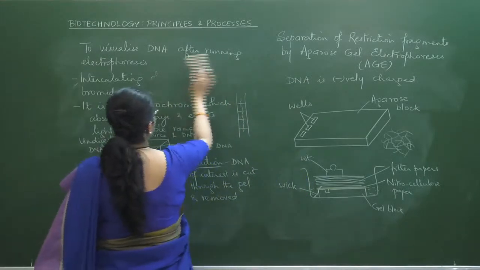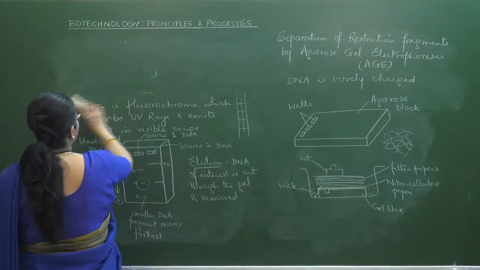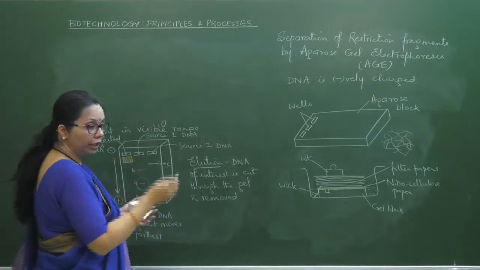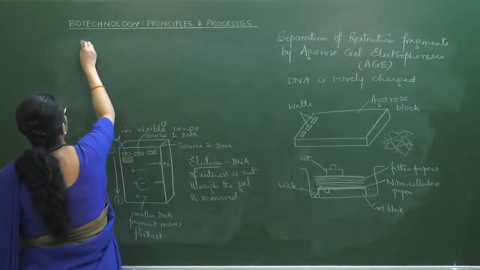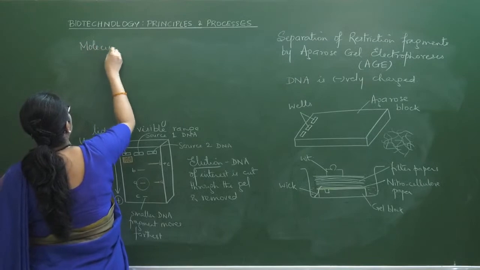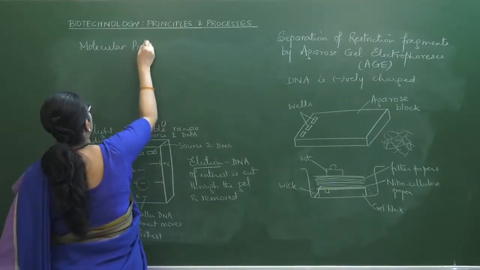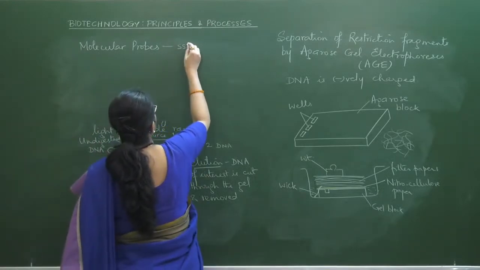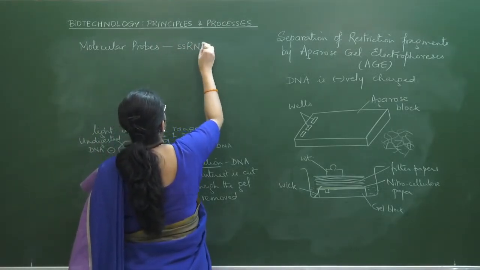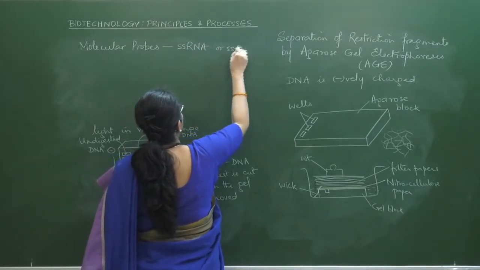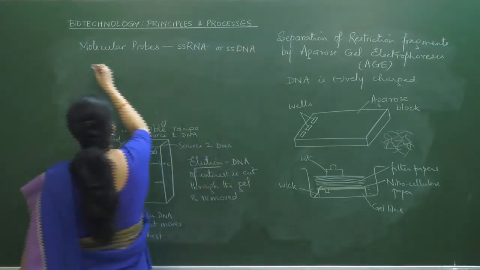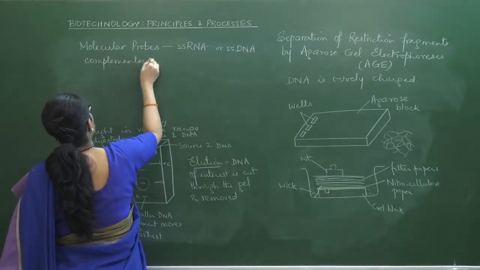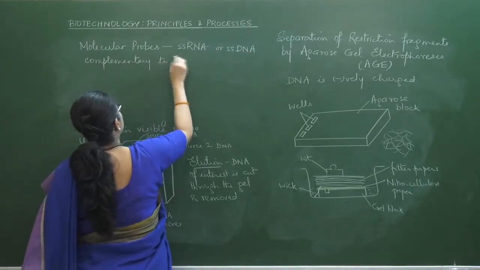So for probes, actually I wanted to take up anyways, because molecular probes have been an important question, and it has been repeatedly there in our exams. Okay, so molecular probes, what are these? Molecular probes, or simply probes, we can use the term. So these are single stranded RNA or single stranded DNA complementary to the target DNA.